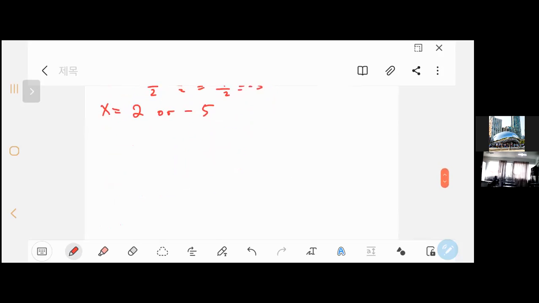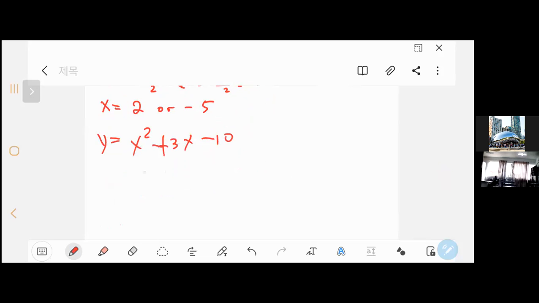Okay, now let me rewrite the original question. y is equal to x squared plus 3x minus 10. Let's factor this. 1, 1, and I could do 1 and 10 or 2 and 5. Multiply 2 and 5, I get 10, and add them together I get 3.